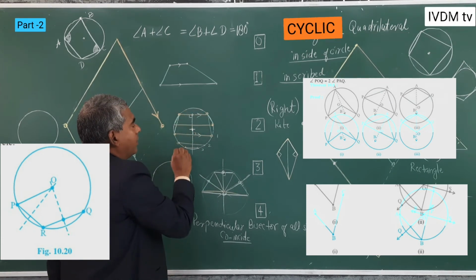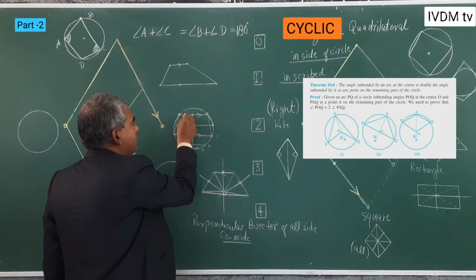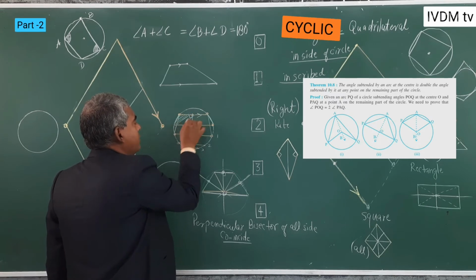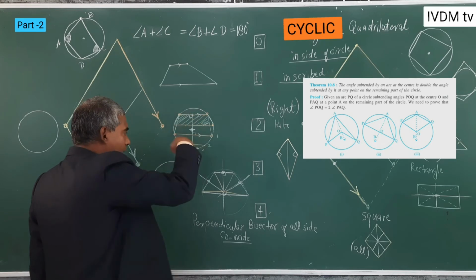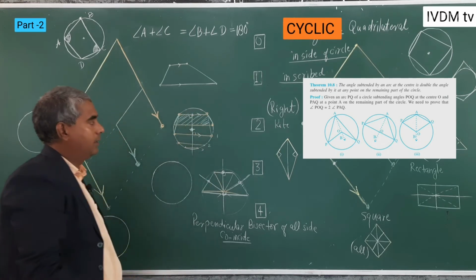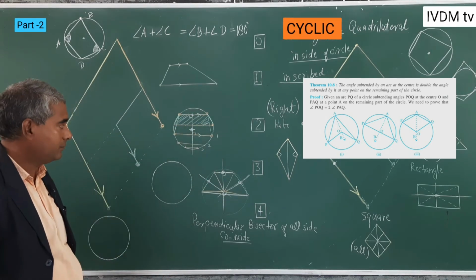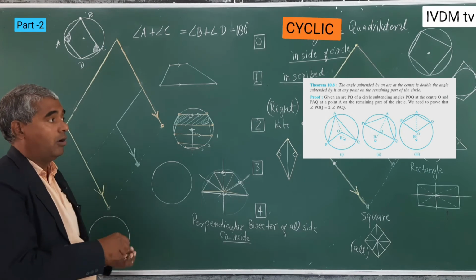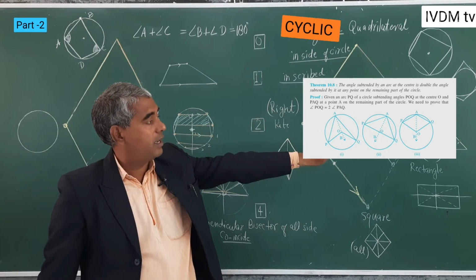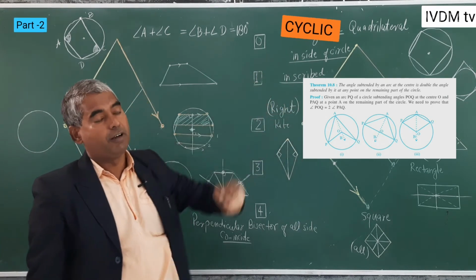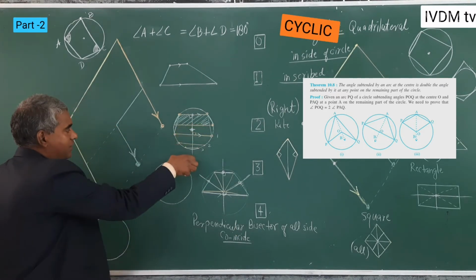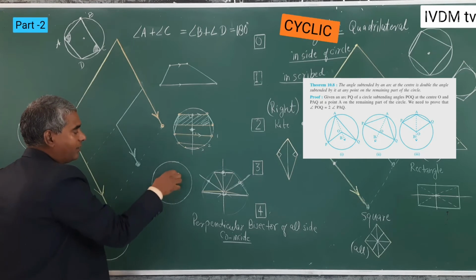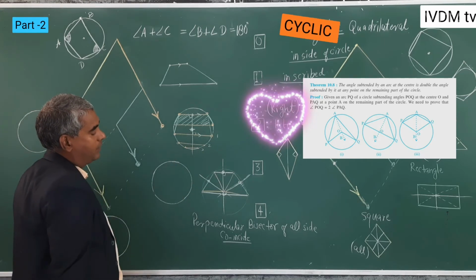So this is an isosceles trapezium, but the center of the cyclic quadrilateral lies outside. So it may happen, but all isosceles trapeziums are cyclic quadrilaterals. The special case of this, which will change, is the rectangle. So this was the case.